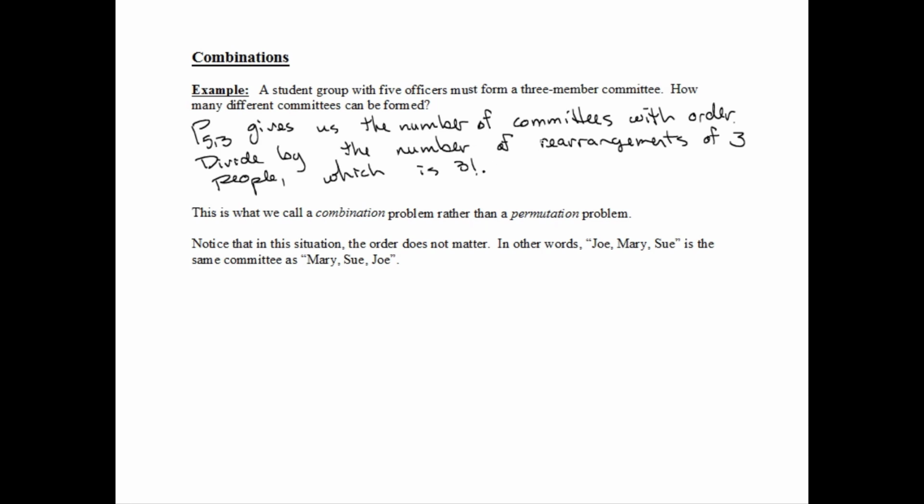In other words, we're going to take the number of ways to choose the 3 people, which would be 5, 4, 3, first, second, third, and we're going to divide by the number of ways they can be rearranged.